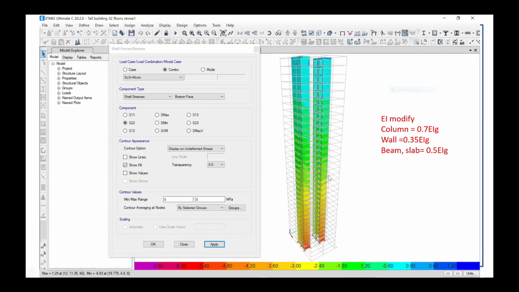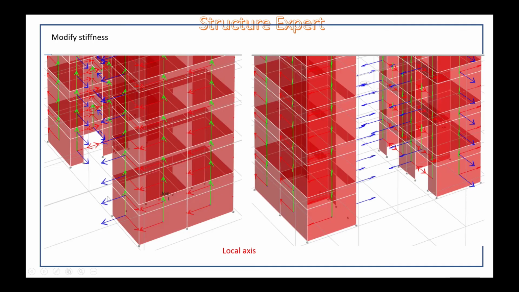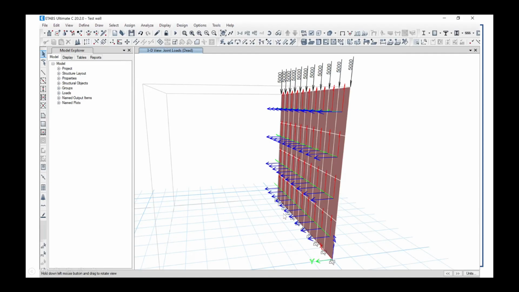Why do we want to check the local axis? It's easy to check the stress. In default ETABS, when I use the automatic option to place the core wall, the local axis 2 in the wall is upward and local axis 1 is in this direction.